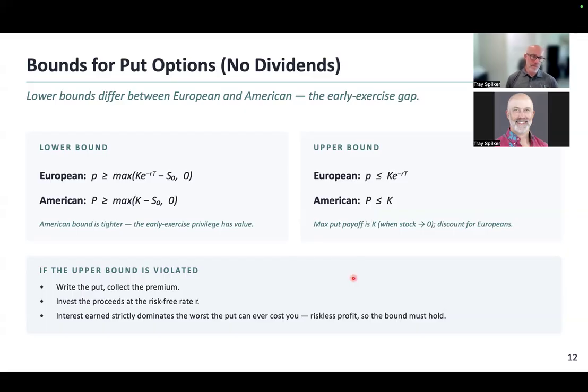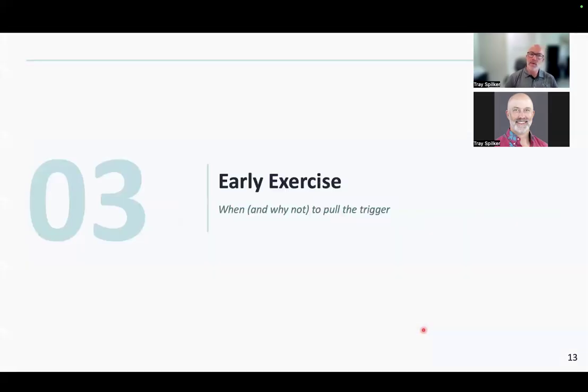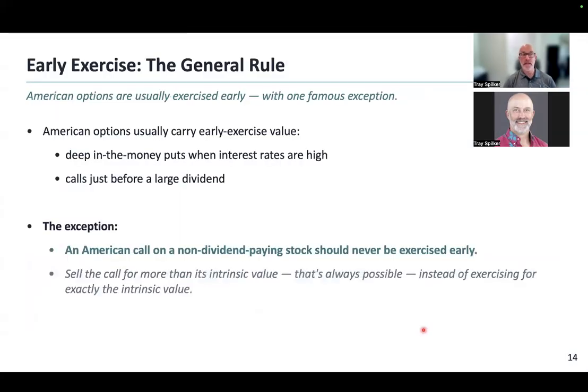Okay. Now let's talk a little bit about reasons why you may or may not want to exercise an American style option early. Generally speaking, American options do carry some early exercise value, specifically deep in the money put options when you have high interest rate environments, and call options just before a large dividend is paid.